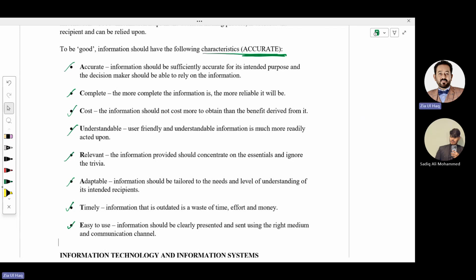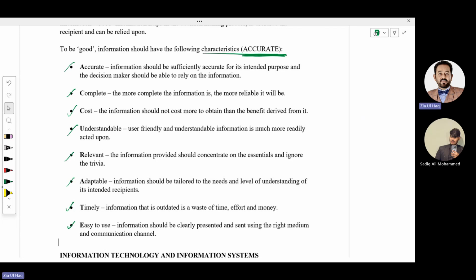It should be cost effective. Cost effective means we will obviously get a benefit by using the information, and to get that information there must be a cost, so the cost must be lower than the benefit.